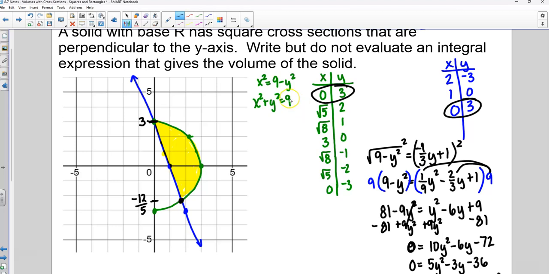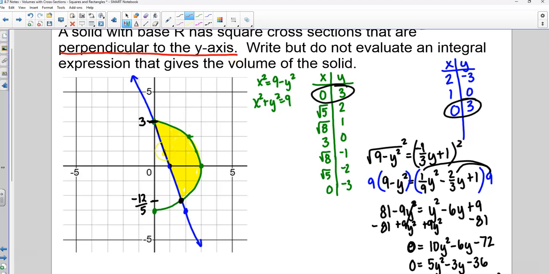So now we've got to think about actually doing the problem, right? I have square cross sections, so I'm back to the ones like I had before. I'm going to take any horizontal section because it says perpendicular to the y-axis.